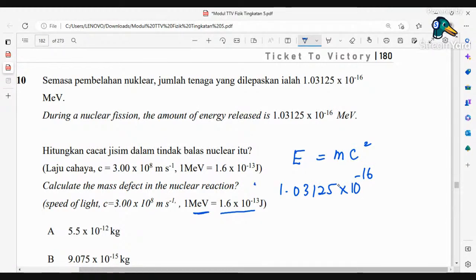Dia punya mass multiply 1.6 times 10 power negative 13. Okay, so you will get E. So how to get m? m equals E divided by c squared.